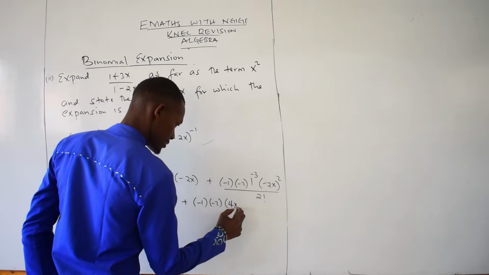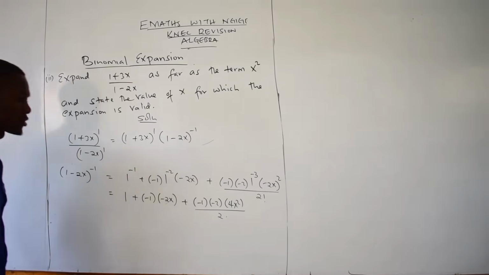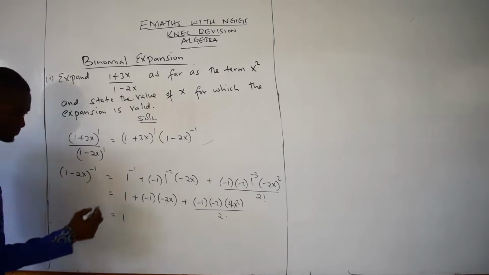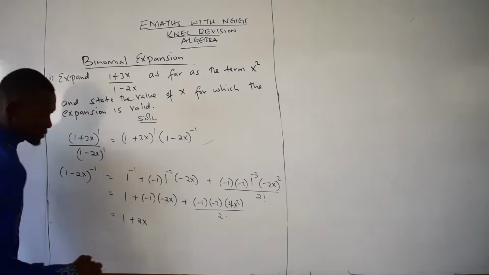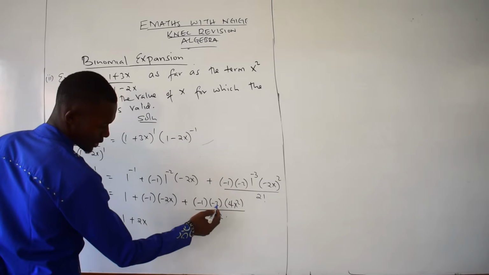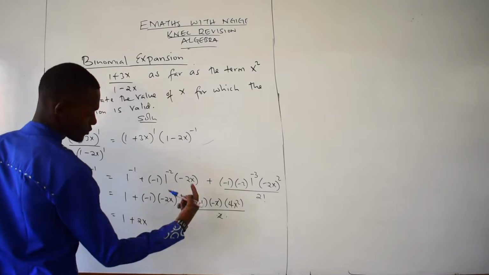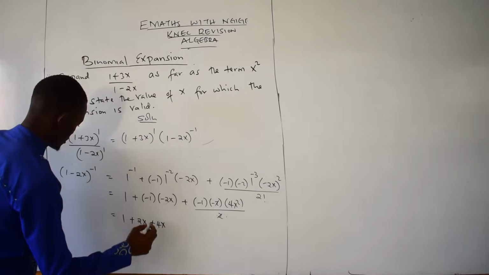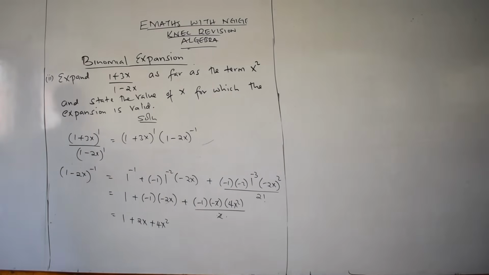Then you have x squared, then over 2 factorial, which is 2. So therefore this just gives you 1 plus 2x. Then these 2 can cancel with these 2 here, get 1. So you have negative 1 times negative 3, which is just positive, so you shall have 4x squared. And that is the expansion.